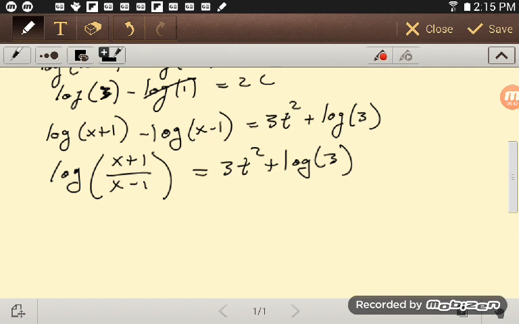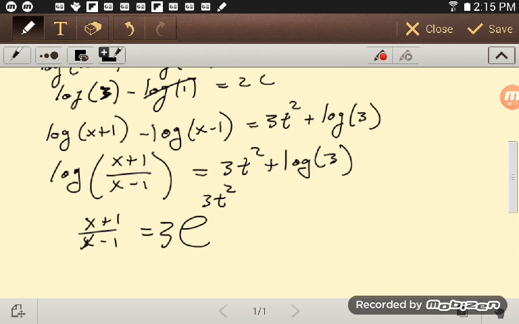But now that I have this, I can exponentiate both sides. And so I have (x plus 1) over (x minus 1) is equal to e to the 3t squared plus log 3, but that's e to the log 3, so that's just a 3. So I'll just put a 3 in front of there.